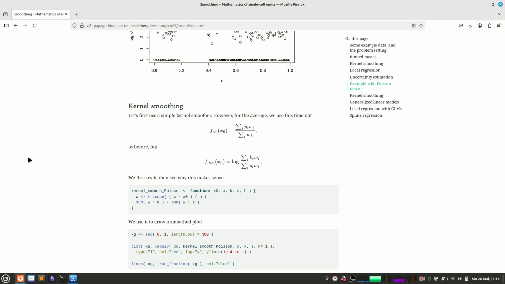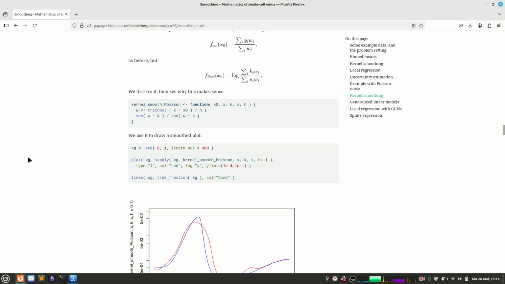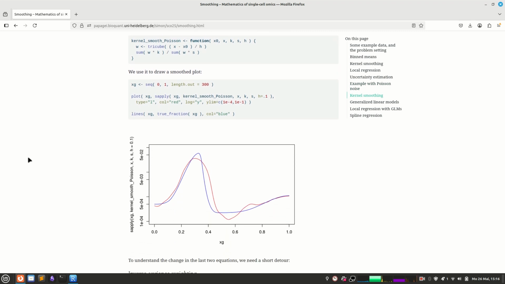We calculate the kernel depending on the distance of the data points from the query position, and then I calculate this function here: the sum of the weighted k's divided by the sum of the weighted S. I take a grid of 300 x values linearly interpolating from 0 to 1, and plot this, calling my kernel smooth function for each of these values, and then I get this red function.